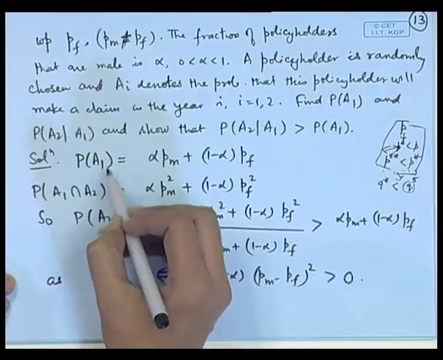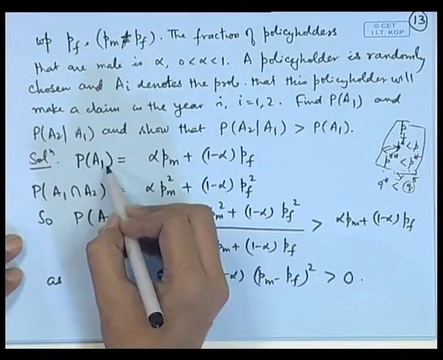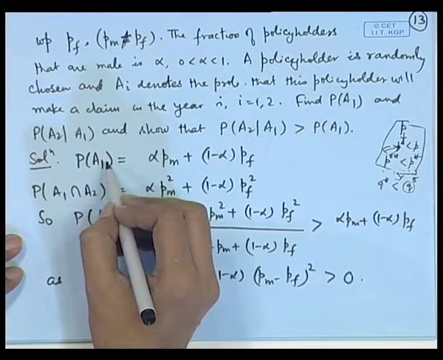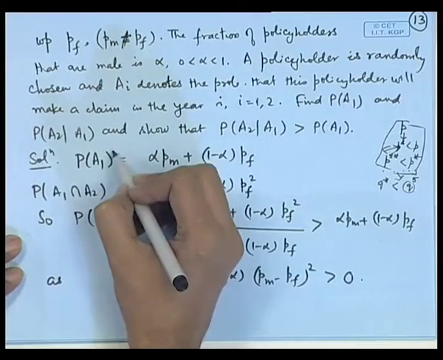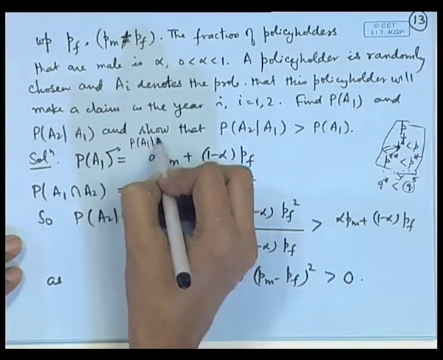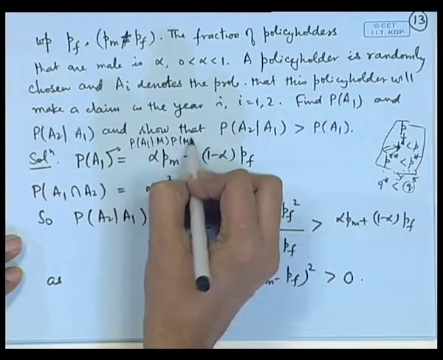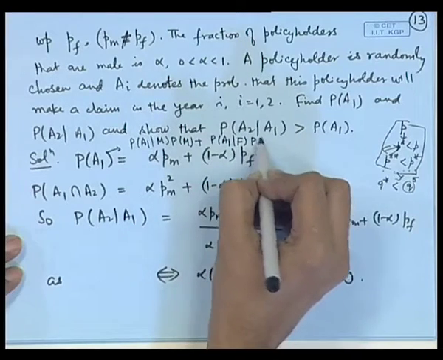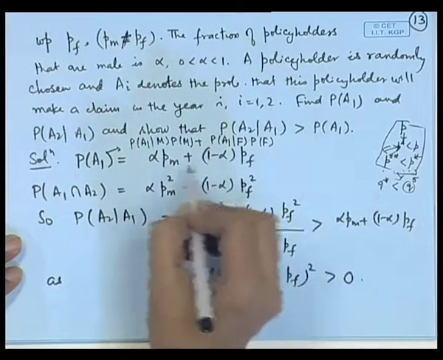So, using the same argument, probability of A 1, that means the person makes a claim, is obtained by using the theorem of total probability. This is probability of A 1 given that he is a male, plus probability of he makes a claim given that the person is a female.